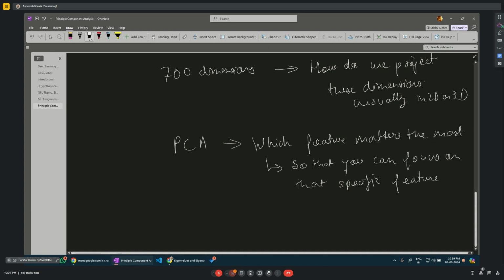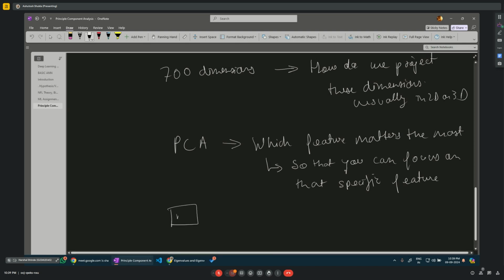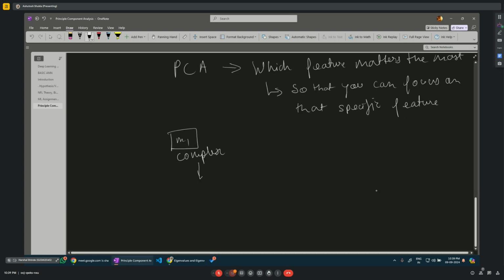You're trying to find out key if I were to make this. So if you have trained a model, see, if this is a model M1 and it is quite complex, and the reason for complexity is what? Like high dimension. So if the reason for this complexity is high dimension, with PCA you can simplify this model. So you can transform this model into something with like less features.